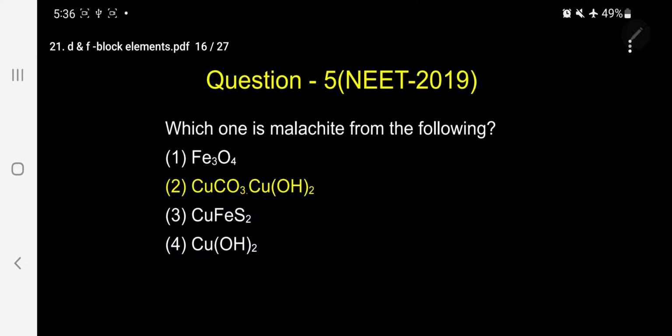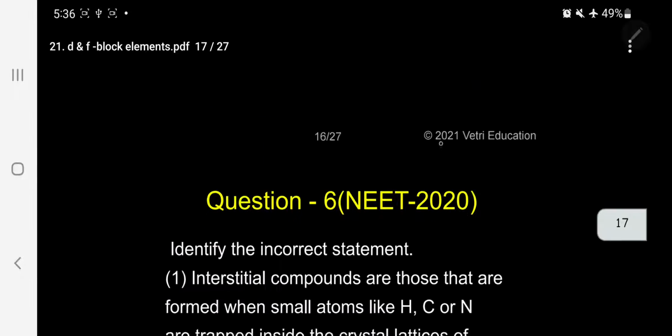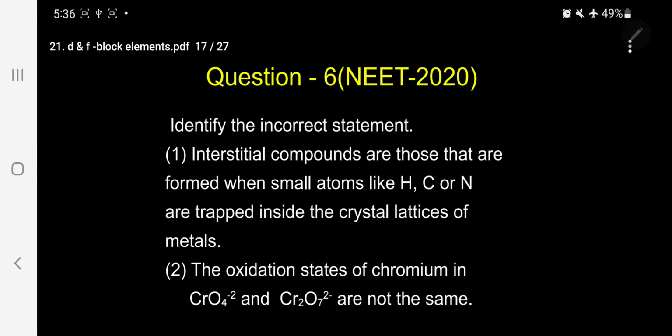Yes, 2 is the correct answer. That is copper carbonate and copper hydroxide. The mixture, we are calling it as malachite. From this, we are extracting copper. Question number 6. Please follow. This question was asked in 2020.